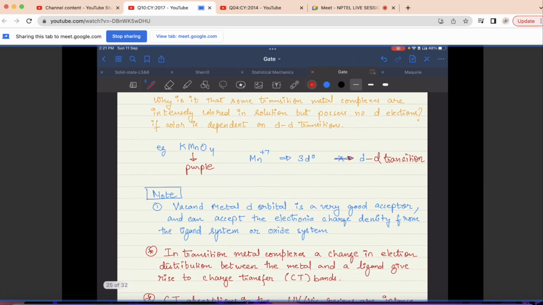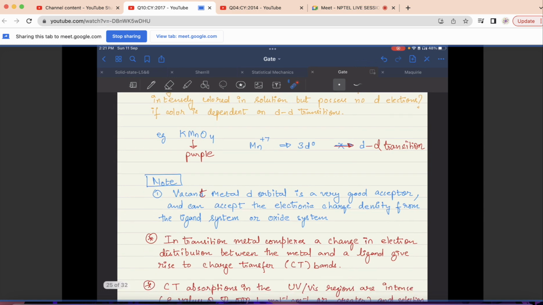So there are things that we have to note here, that the vacant metal d orbital is a very good acceptor and can accept the electronic charge density from the ligand system or any oxide system, correct? Because my d orbital is empty here.